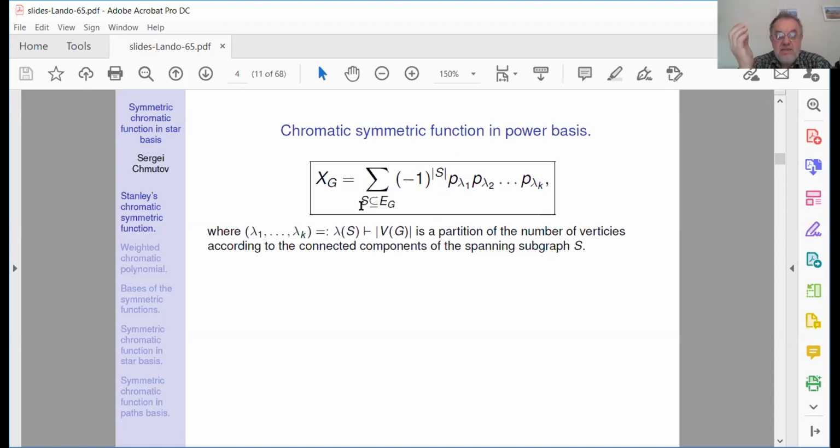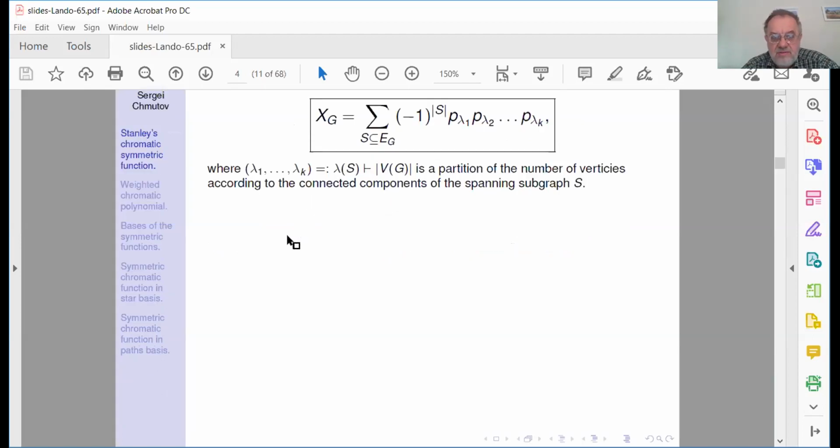And then for such spanning subgraph, I consider connected components of that. And lambda 1, lambda 2 will be the number of vertices in connected components of the spanning subgraph.